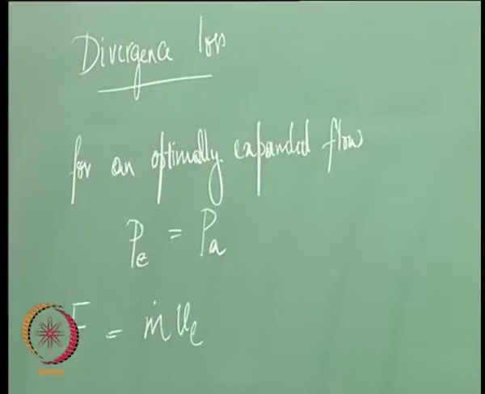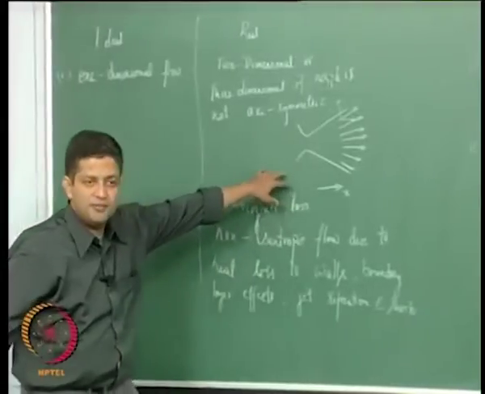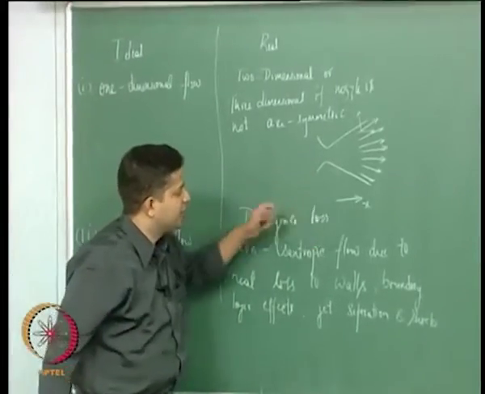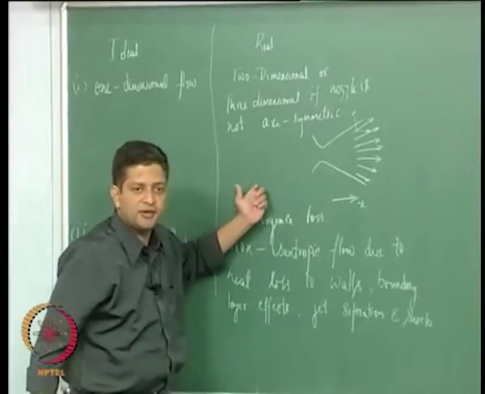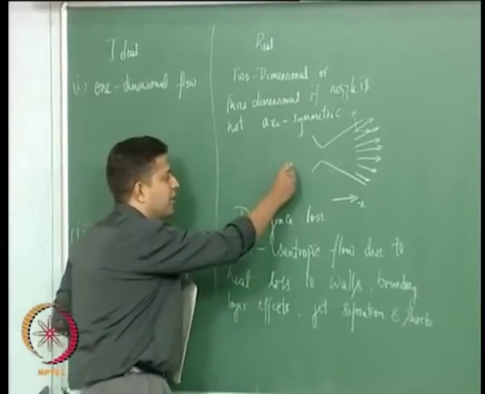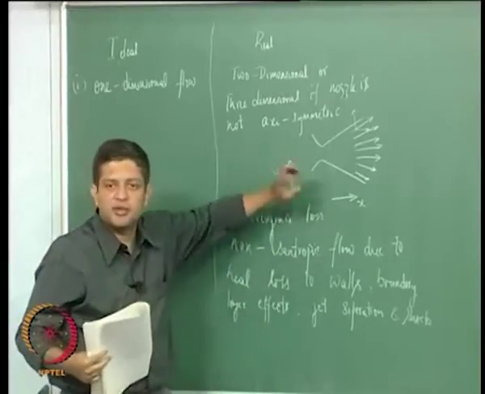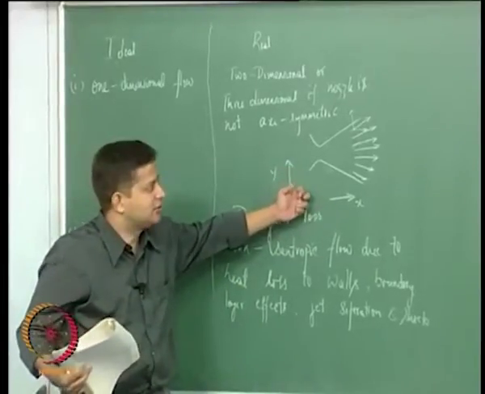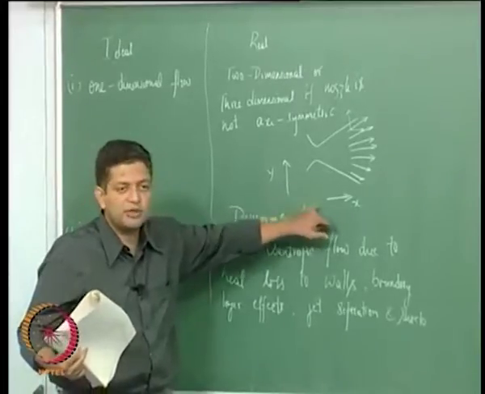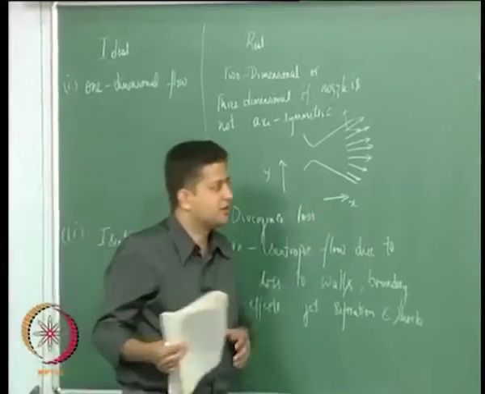Now, if you look at this figure, we are trying to calculate what is the thrust in the x direction. We do not worry about what is happening in the y direction, because of axis symmetry they will cancel each other out. So, we are interested in calculating what is happening to thrust in the x direction.